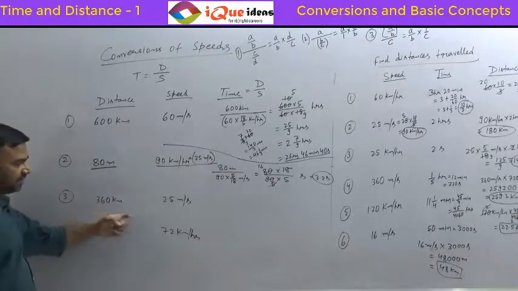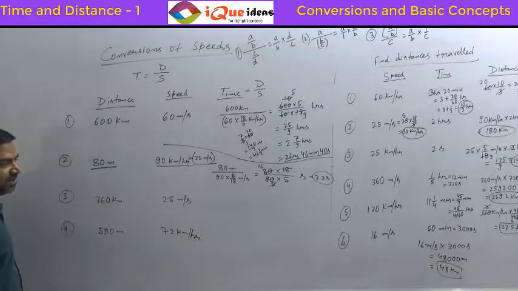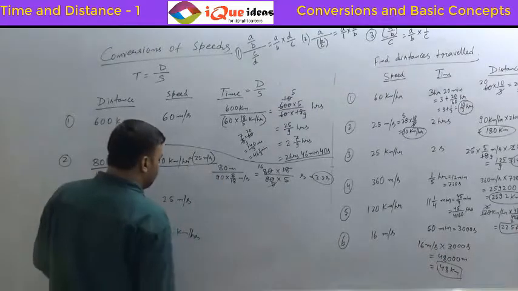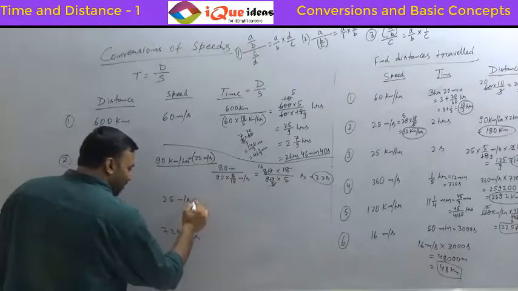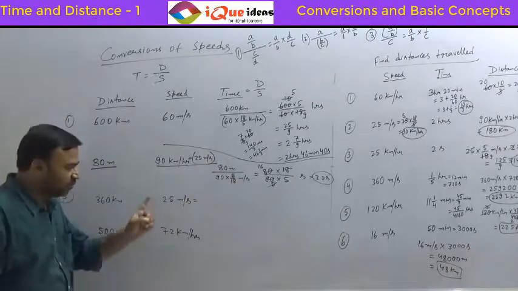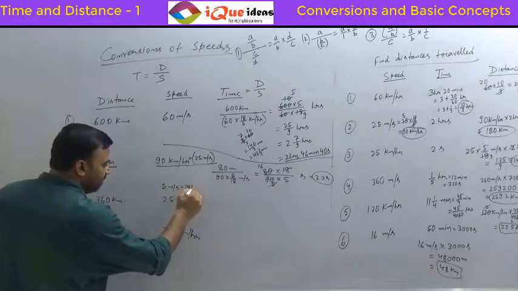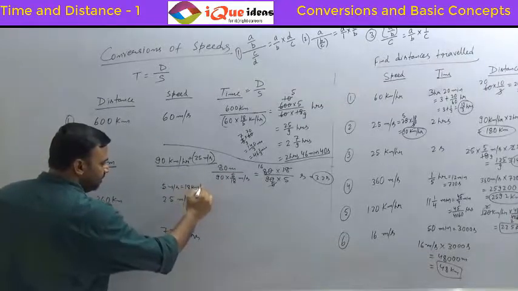Now 360 kilometers and 2.5 meter per second. So obviously distance is very large. Convert this meter per second into kilometers per hour, and that too in the end. But this again, if you remember, 18 kilometers per hour is equal to 5 meter per second. 2.5 is half of 5. Remember, 5 meter per second is equal to 18 kilometers per hour. Alright?